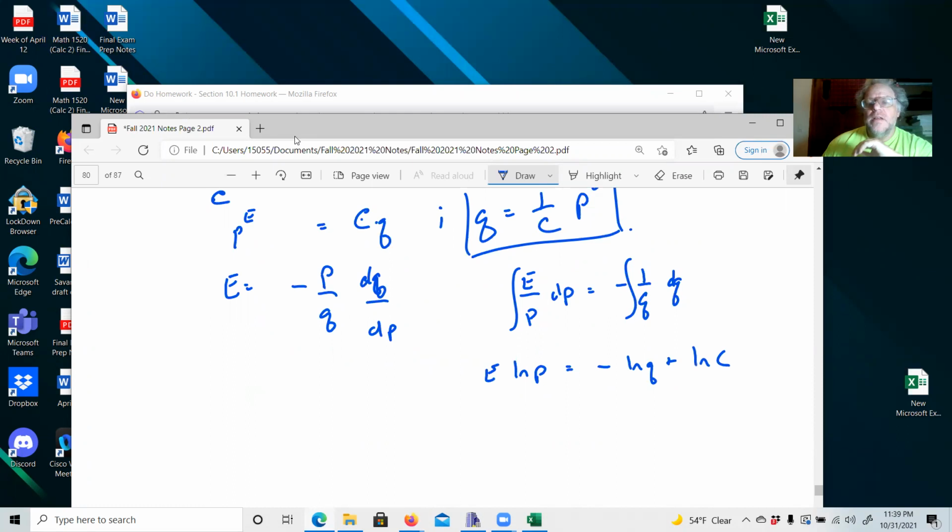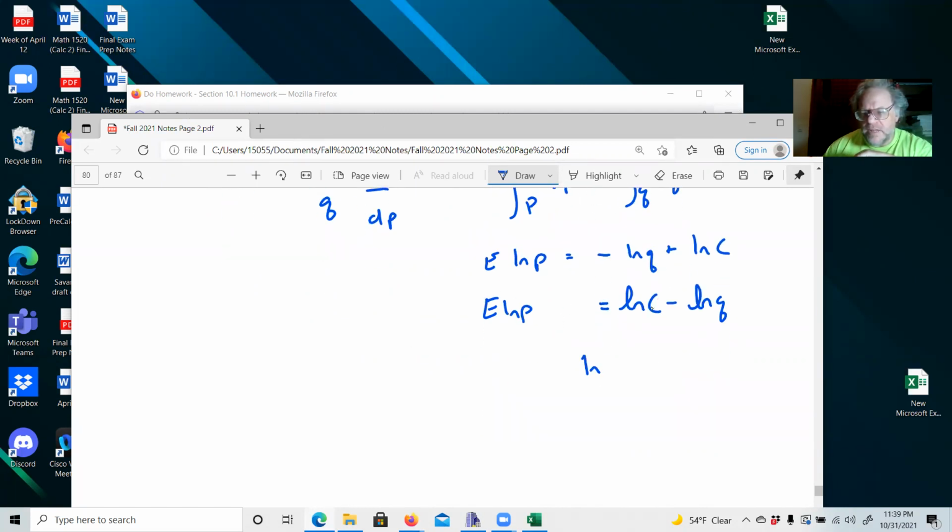So this is going to be ln of C minus ln of Q is equal to E ln of P. This is ln of C over Q, same idea. This is ln of P raised to the 11th power, because E was 11. We're going to unlogify here, so this is P to the 11 is equal to C over Q.